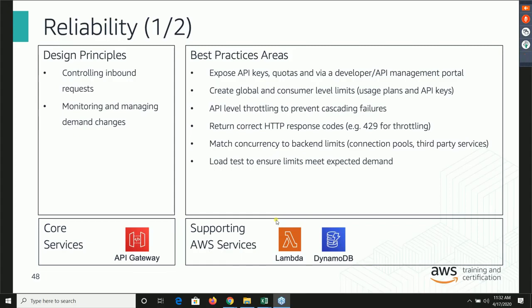So this way you can have multiple quotas set up, and you are effectively narrowing your blast radius for your backend.